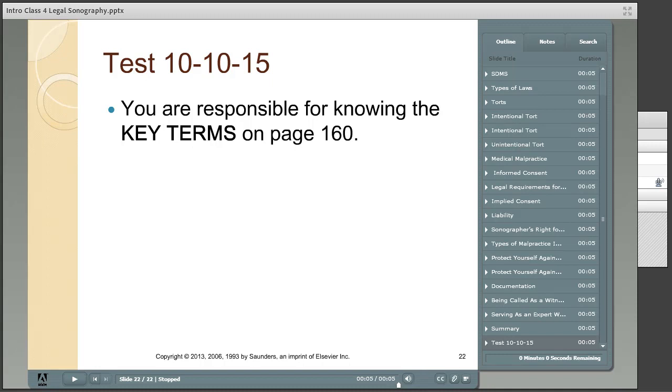The occurrence policy covers you under a claim that may have happened in the past. So when you purchase the insurance, it will cover you for that time. So if you have a claim brought to you, say 4 years after you have purchased the policy, you are still covered within that time.